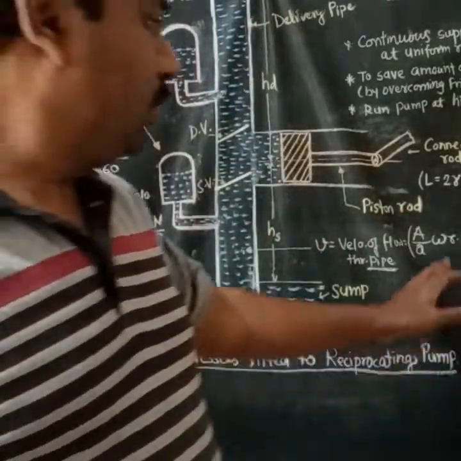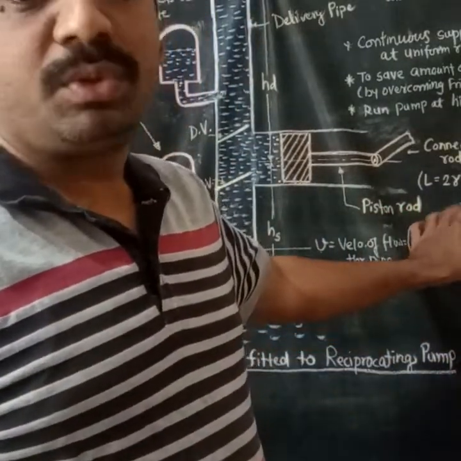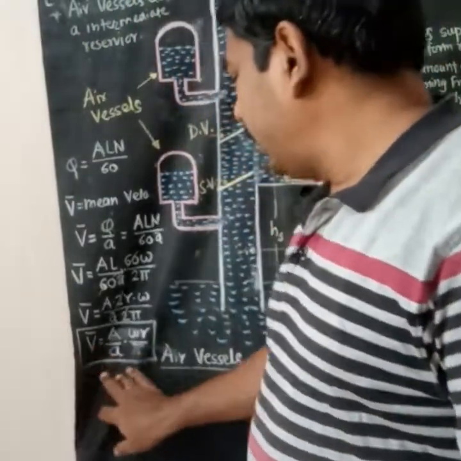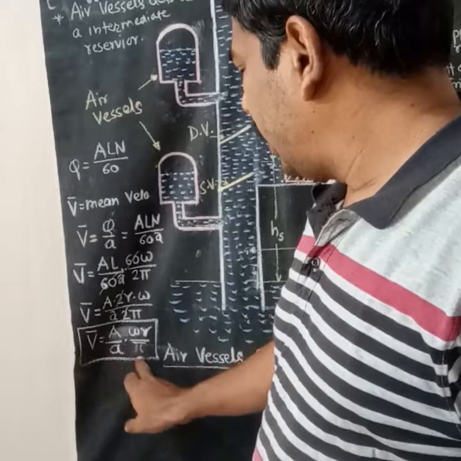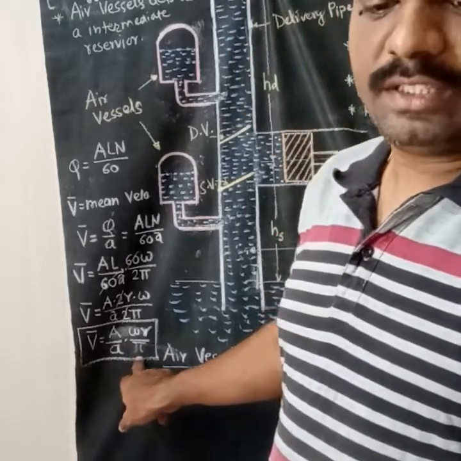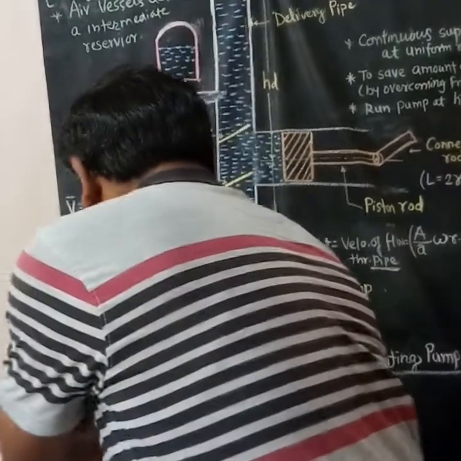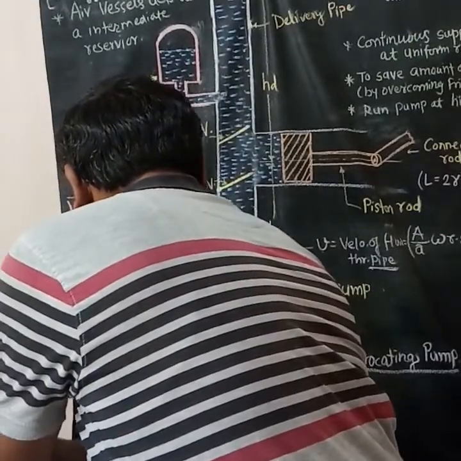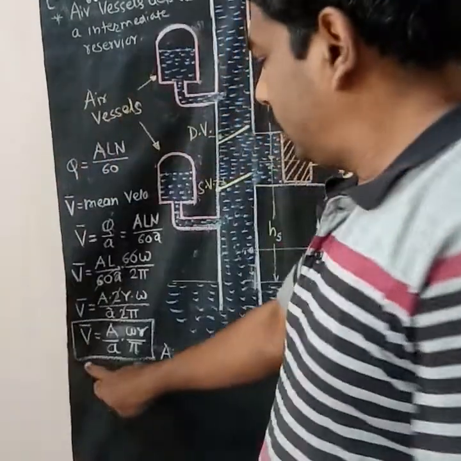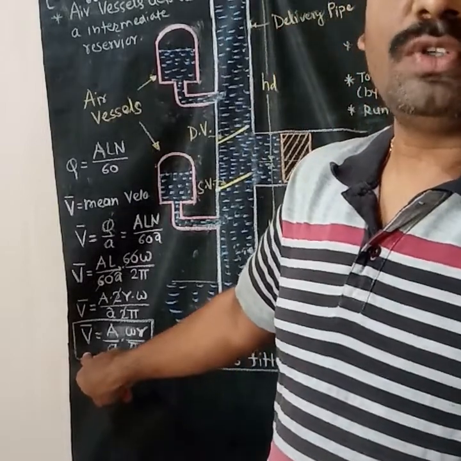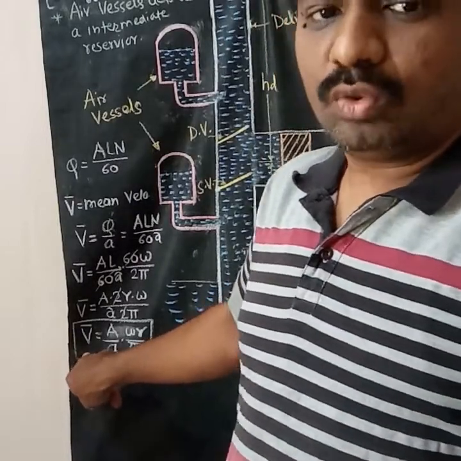So L equals 2r. Putting the value in this equation, we get V bar equals A by A omega r upon pi. This represents the mean velocity of the fluid which is flowing through a pipe.